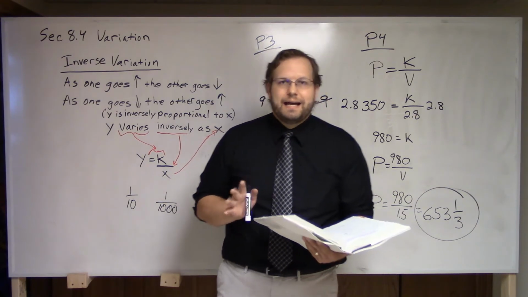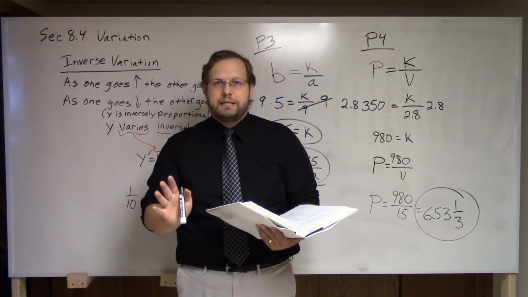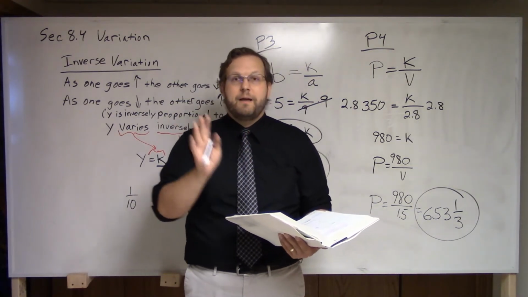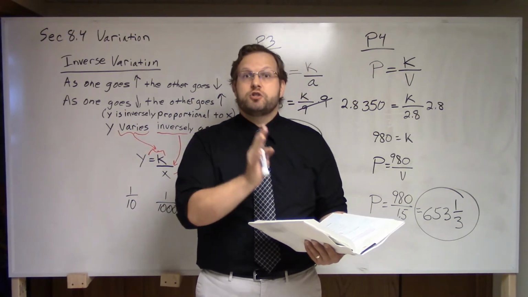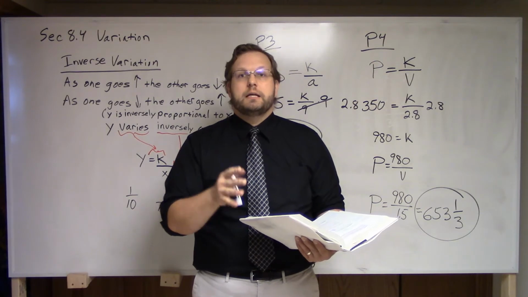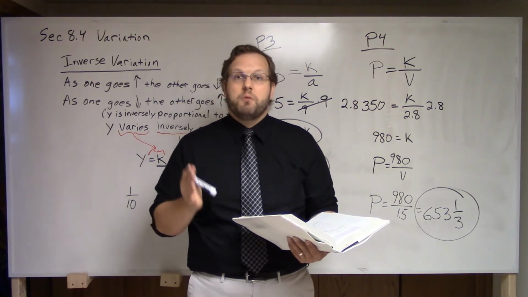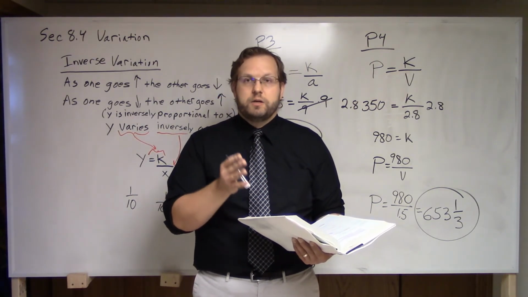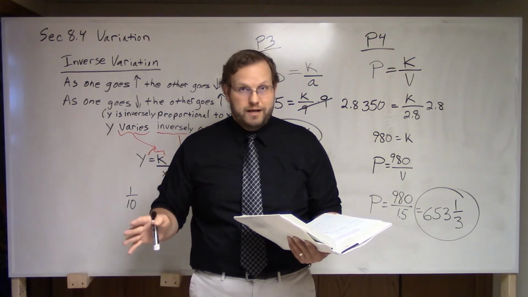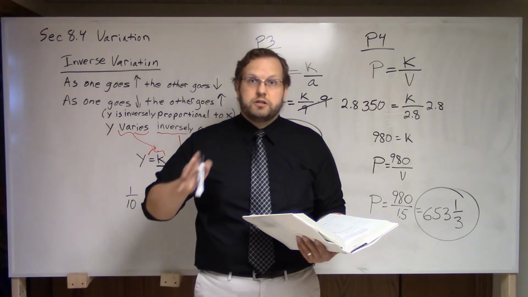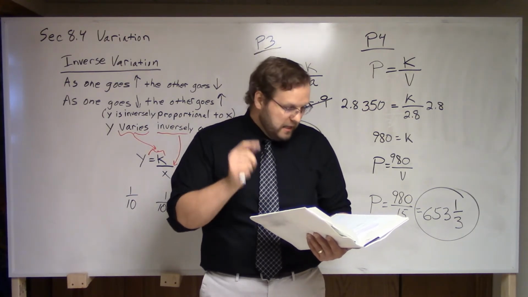What I want you to get out of this, when they say varies jointly, so it's not varies directly or varies inversely, all you're doing is multiplying again, but with multiple pieces. So when it's a joint variation, it's pretty much the same thing as a direct variation. Joint variation, multiply.